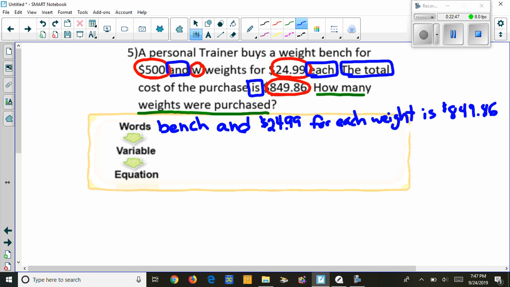Variable. Well, we are going to let W be the number of weights.